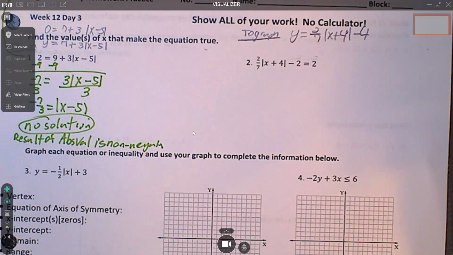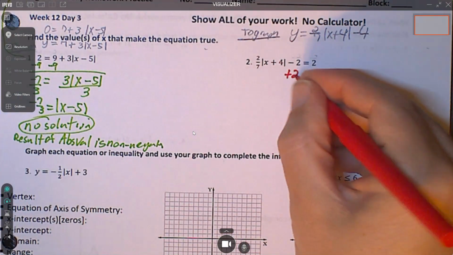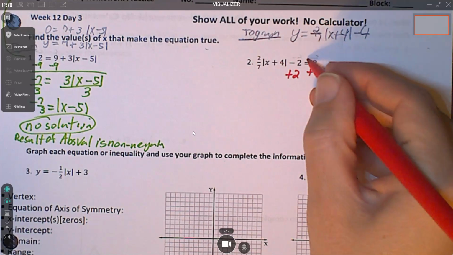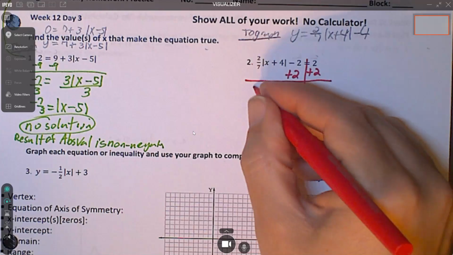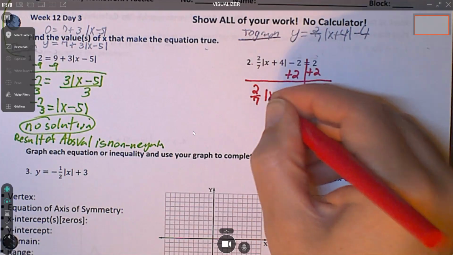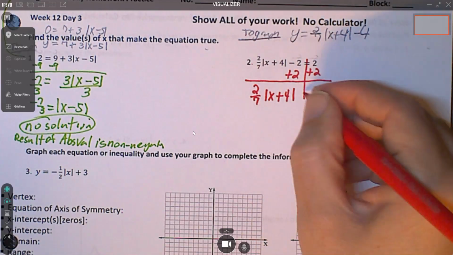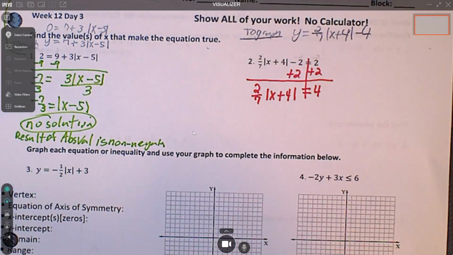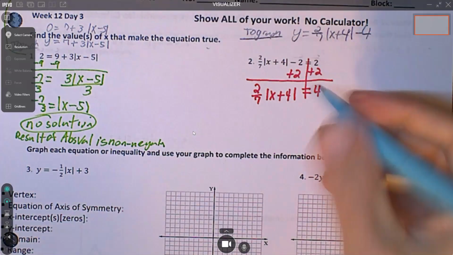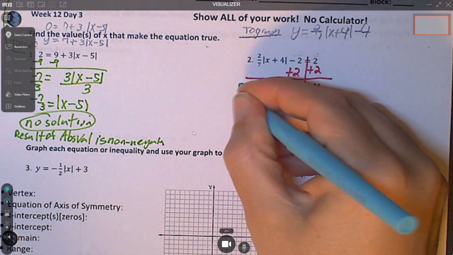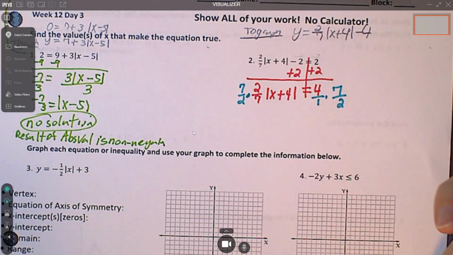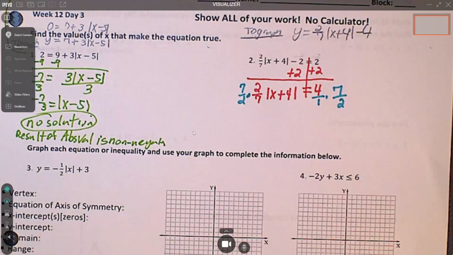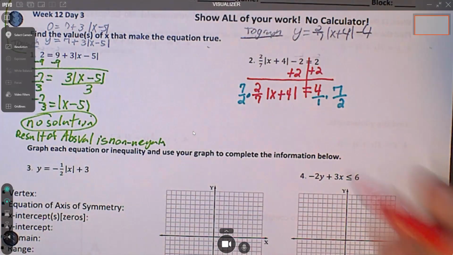Okay, we're going to add 2. Multiply by the reciprocal, you get 14 over 14.